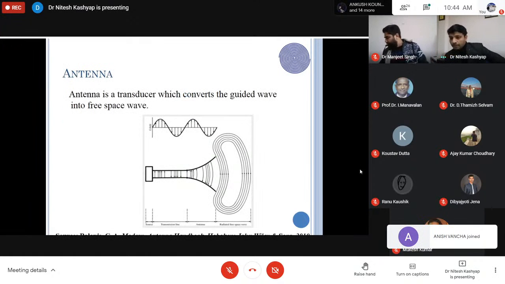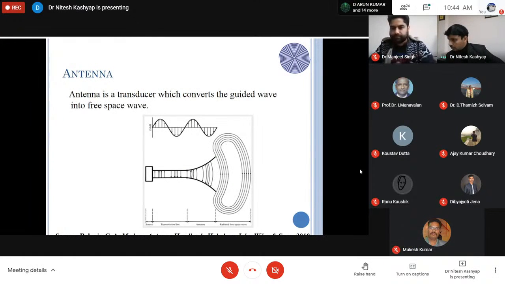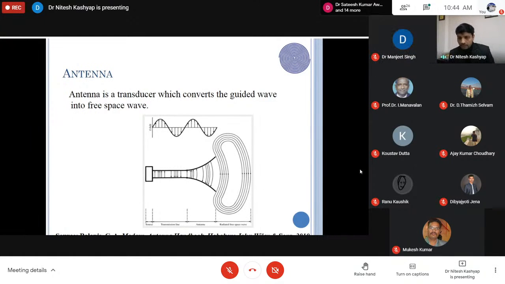We were talking about antenna. The antenna is nothing but just a transducer which converts the guided wave into the free space wave. So when we talk about the antenna, we cannot assume any wireless communication system without antenna.